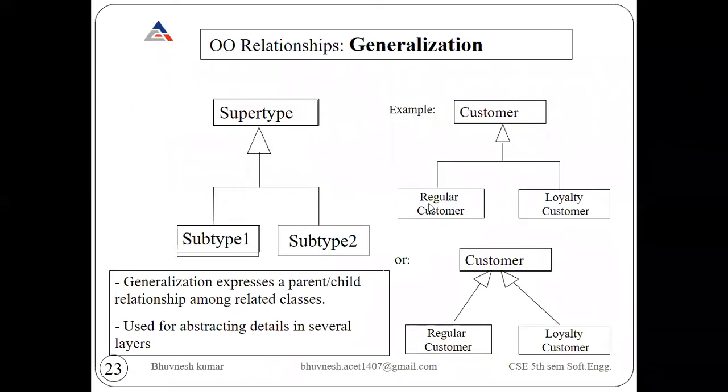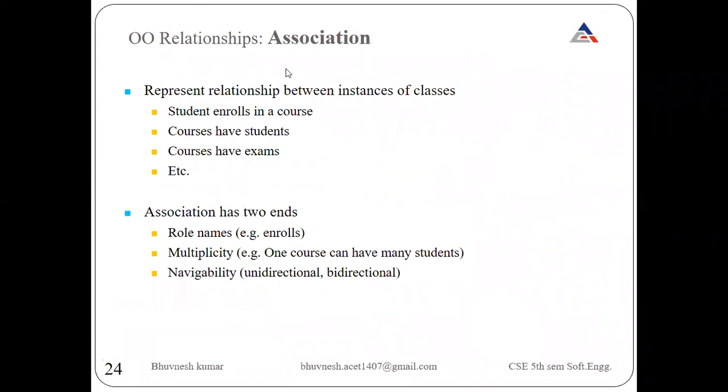Customer is your parent, regular and loyalty customer are your children, and they have a generalization relationship. Okay, and further all that explanation of association is in your association.